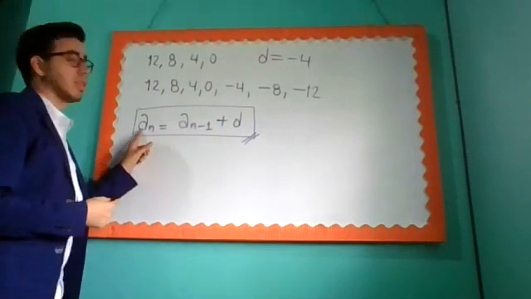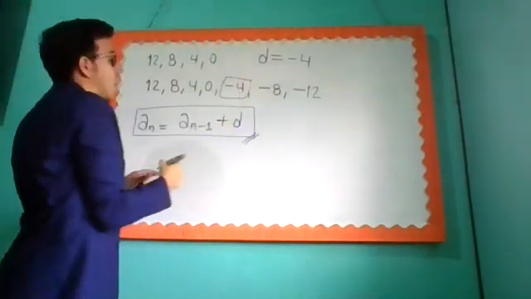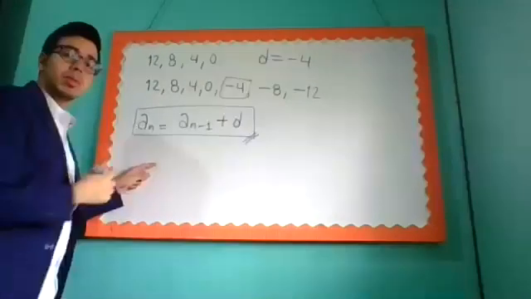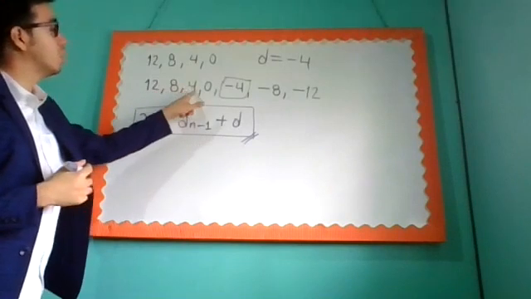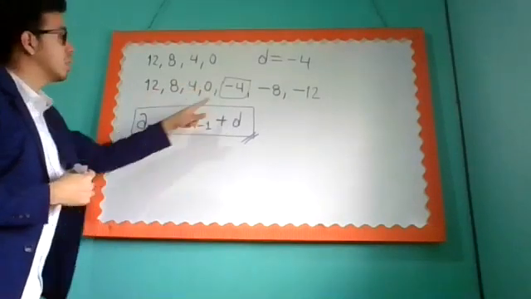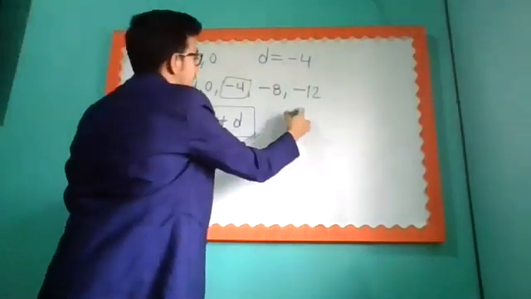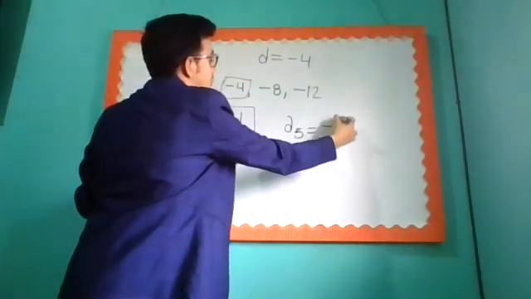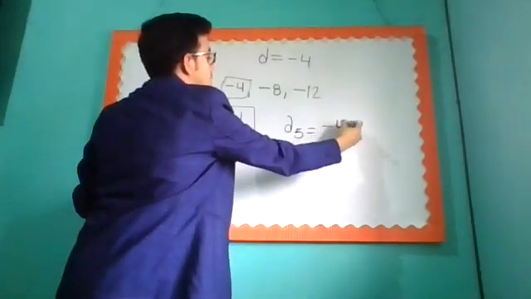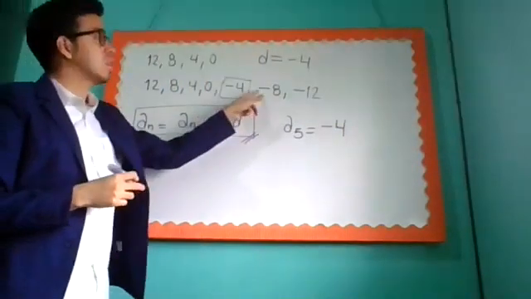For example, if I say that this is a sub n, what value has n? I have 1, 2, 3, 4 terms. So this is the 5, for example. We can say that a sub 5 is equal to -4. And how are we going to obtain a sub 6?